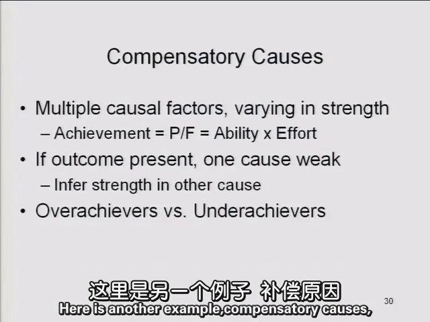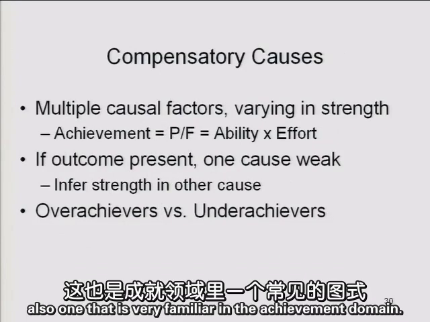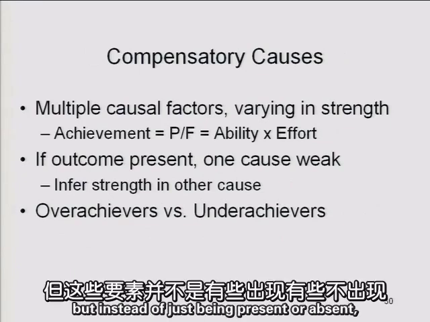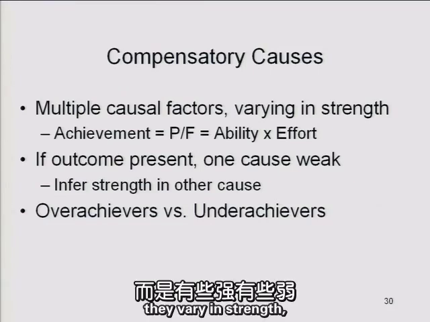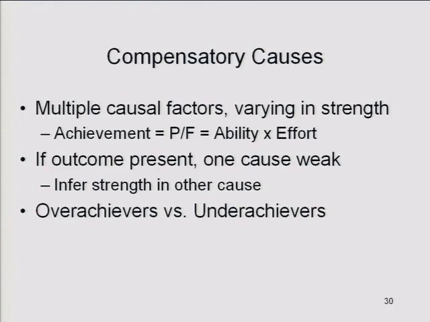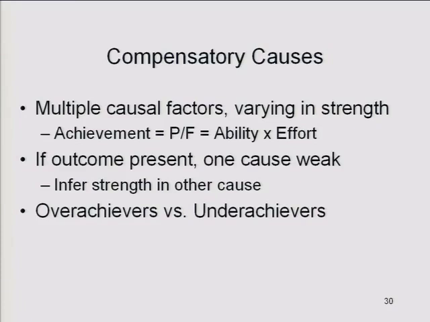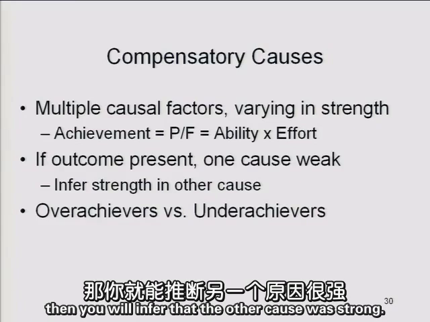Here's another example, compensatory causes, also one that's very familiar in the achievement domain. Here you've got multiple causal factors, but instead of just being present or absent, they vary in strength. So if the outcome is present and one cause is weak, then you will infer that the other cause was strong.